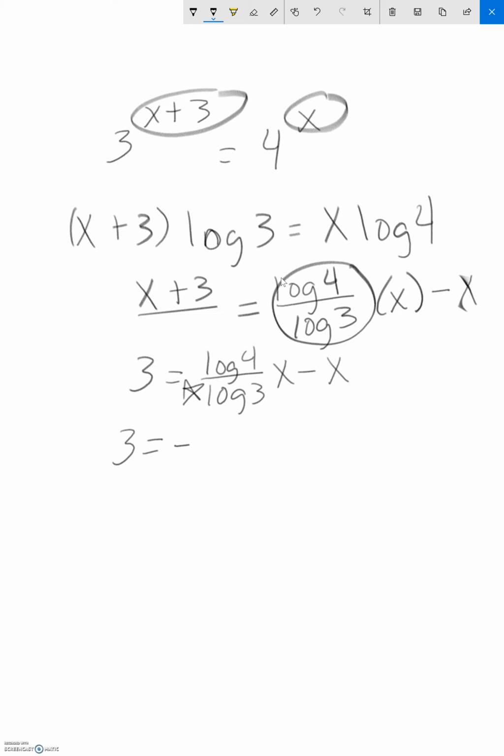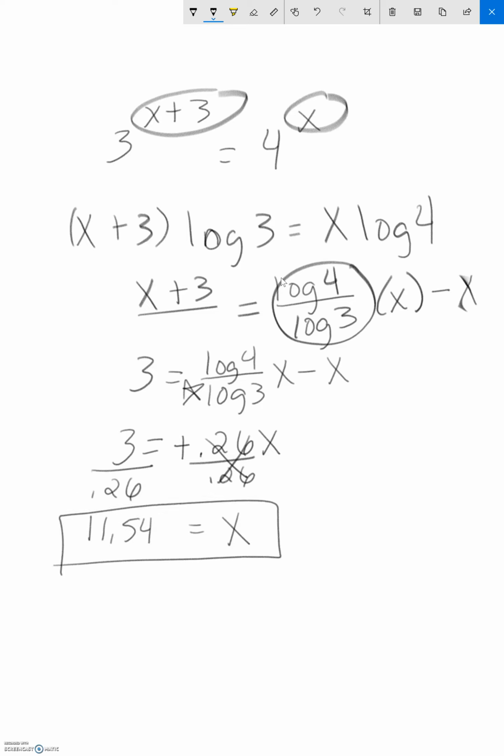So if I just subtract 1, I'm going to get a positive approximately 0.26 times x. Divide both sides by 0.26, and you get x approximately 11.54.